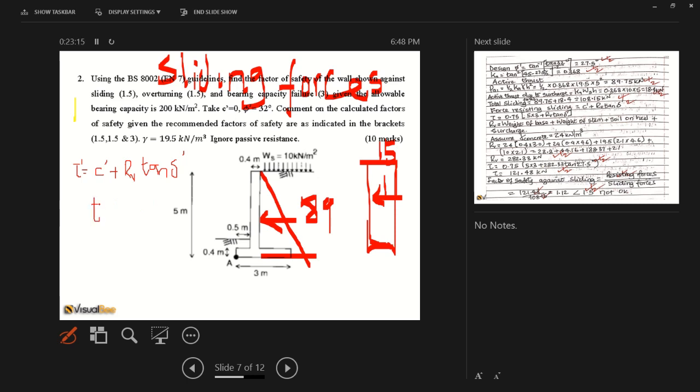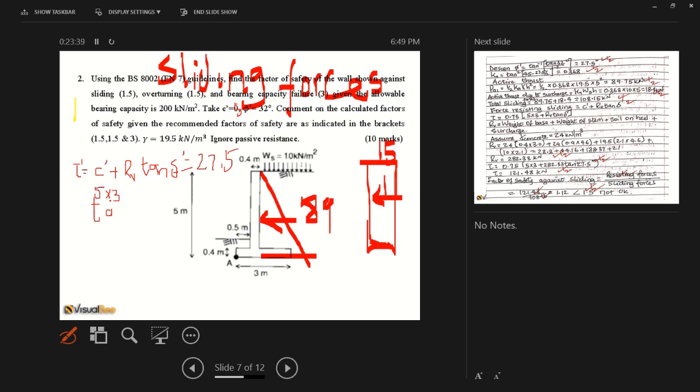In this case, tan 27.5, and the C is 5 kilonewton per meter. This will be confusing, but it was 5, so for the entire length it would be times 3.